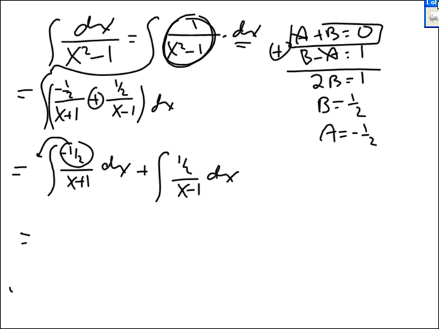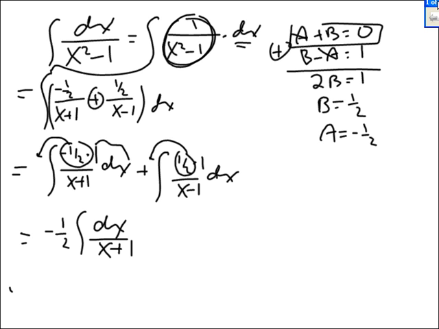With constants in front, you can always multiply by 1. And 1 times dx is dx over x plus 1. Bring the half in front. Then you have the integral of dx over x minus 1.